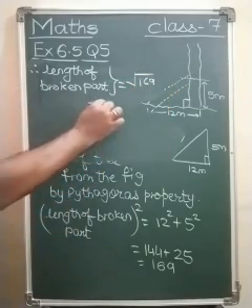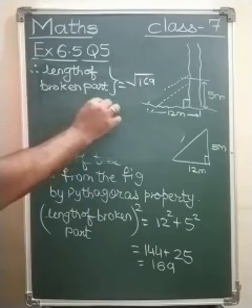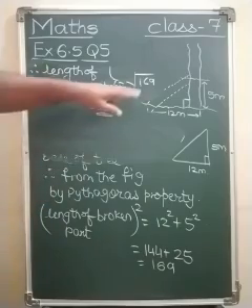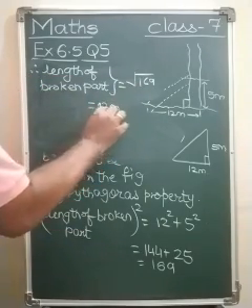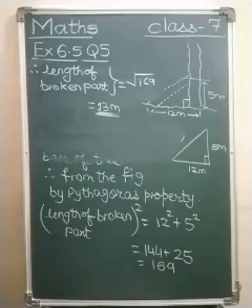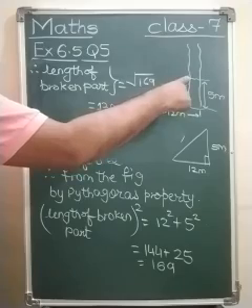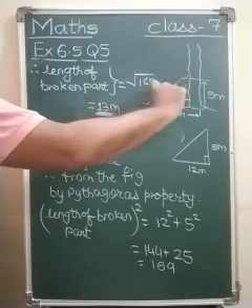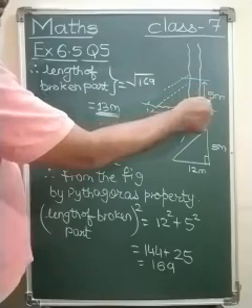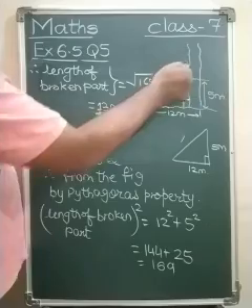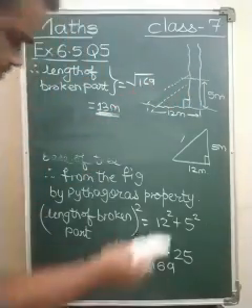So this equals 13. Now root of 169 comes to 13. So this comes to 13 meters. Now 13 meters is only the length of this much part. If you again put it on this top, the length of the tree will be this 5 meters plus this 13 meters.